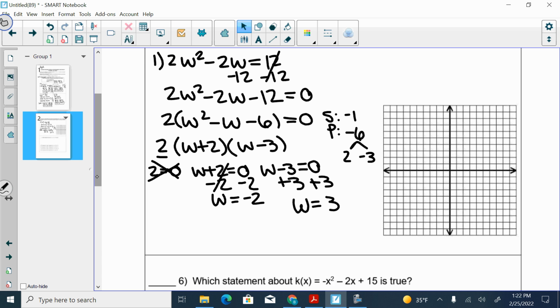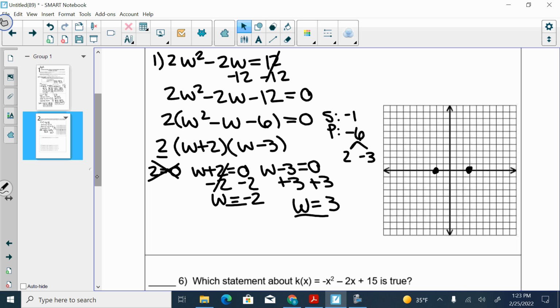Okay, remember we said on a graph, an x-intercept is where it touches the x-axis, right? So if I want to draw a picture, I'm going to come over here and graph both of these. So I need to give myself an x-intercept at negative 2, which would be right there. And I also need to give myself an x-intercept at positive 3, which would be right here.